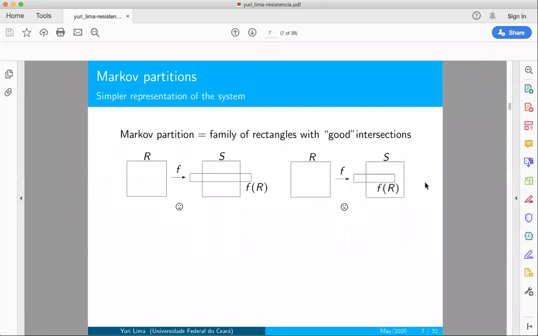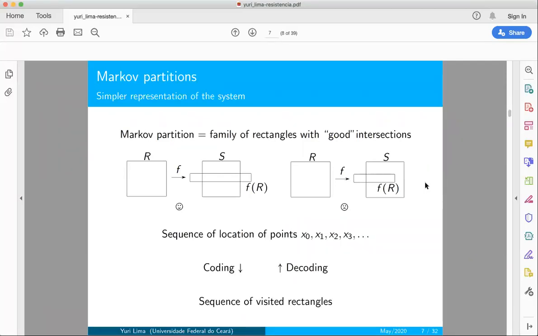The difference is that in a good one, whenever the image of a rectangle intersects another rectangle, it has to intersect all the way from one side to the other, with respect to the stable and unstable directions.